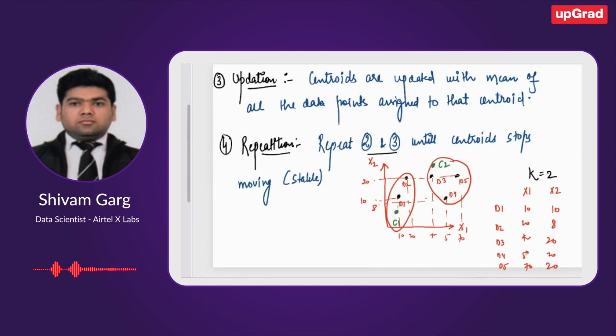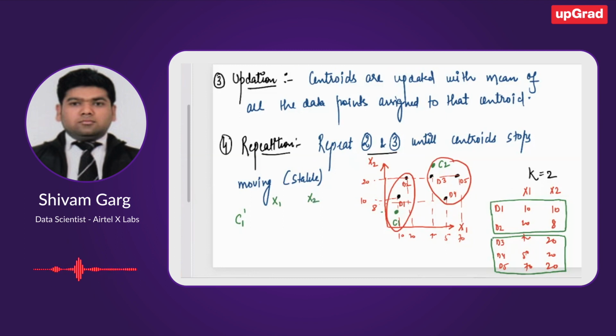So now this new centroid, basically, these two are assigned to C1, and these three are assigned to C2. Agreed? Now what will happen? New centroid C1 dash will also have two coordinates, x1 and x2.